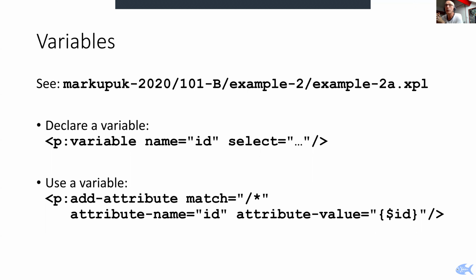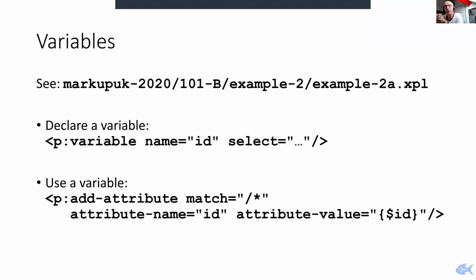Let's get to a new subject, which is variables. XProc 1 had variables. There were some limitations on that. XProc 3 has variables like you're probably used to in XSLT. For instance, you declare a variable with p:variable, name is ID, and a select statement to set its value.